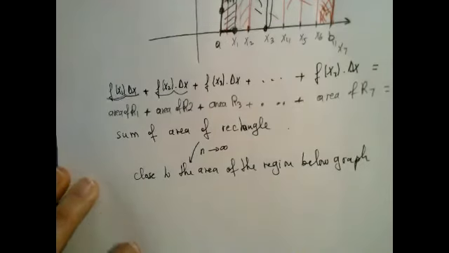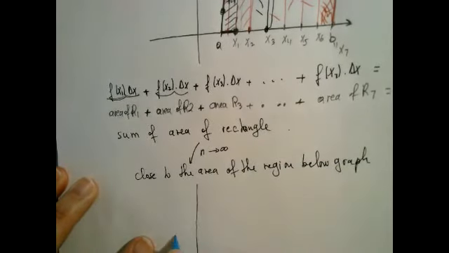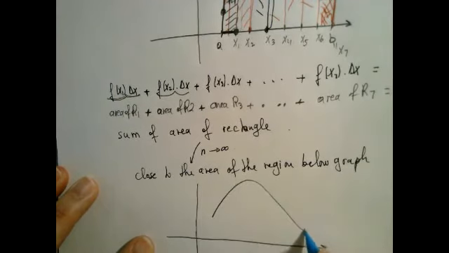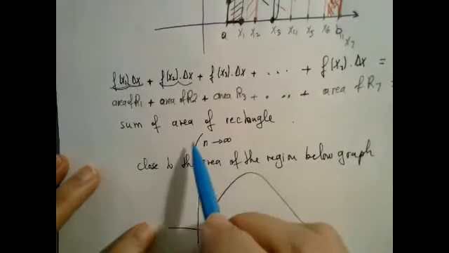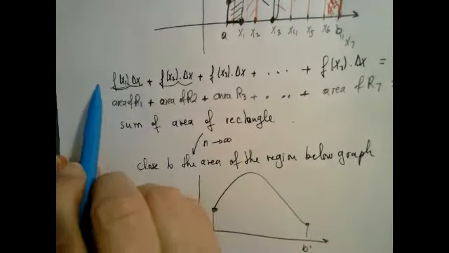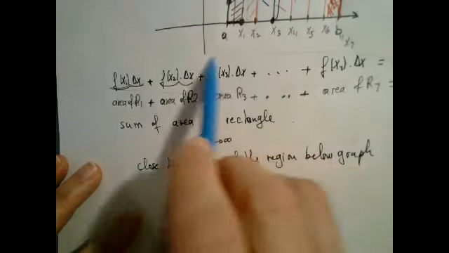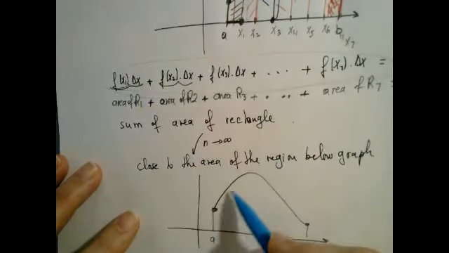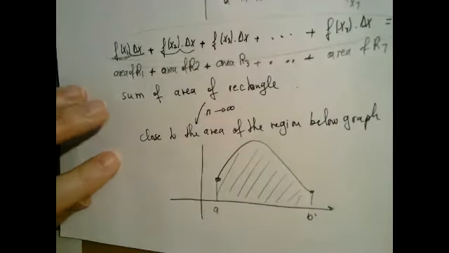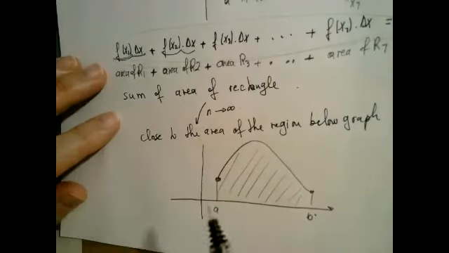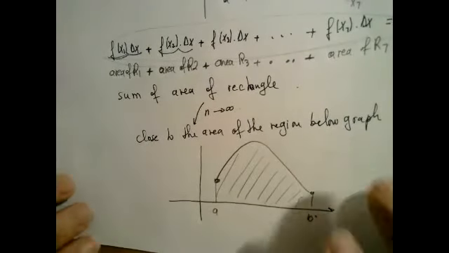So it means that the picture is this one. This is the function, from a to b. As I take more and more subdivisions, the value that I get from the sum is going to become close to this area under the graph. So in this case, when n becomes infinity, those sums are basically what the definite integral is.